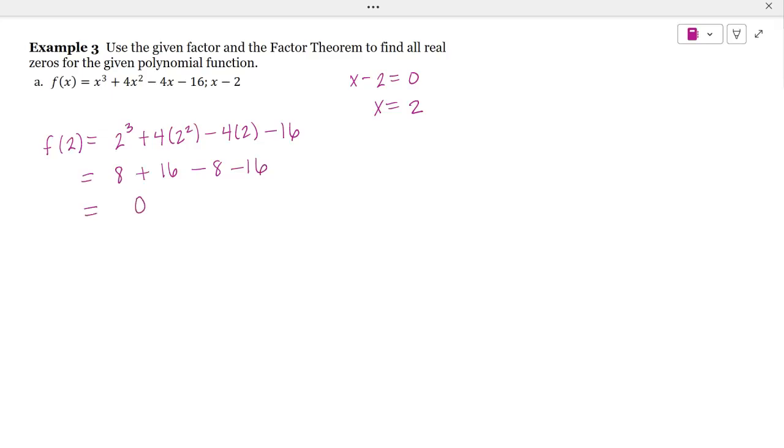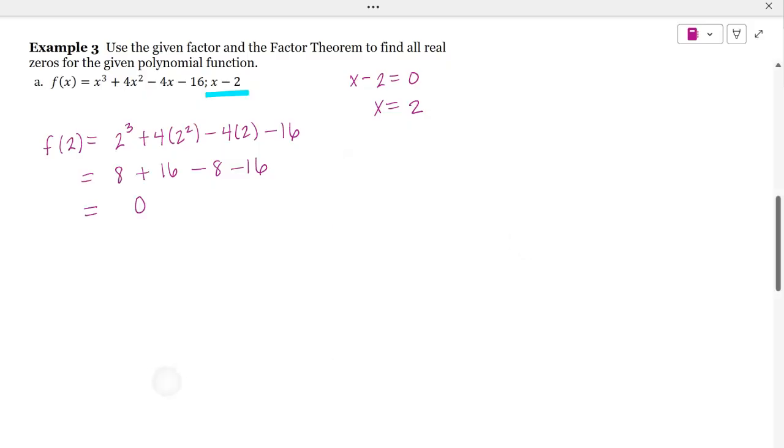We verify that we are getting 0 before we even start the division, because plugging 2 in and getting 0 out tells me that when I divide x minus 2 into the original, I'm going to have 0 as the remainder. So it divides evenly. Next I'll use synthetic division to break this polynomial down.